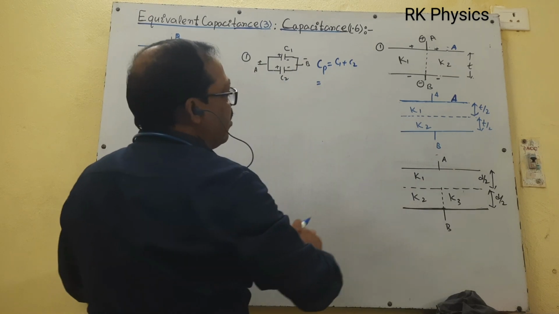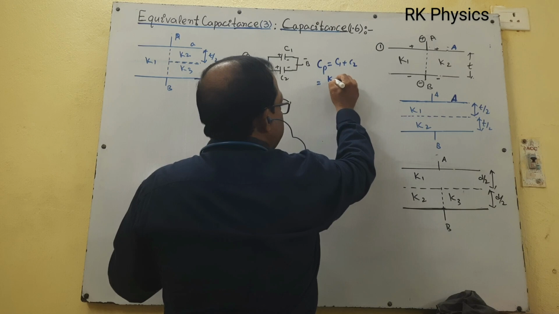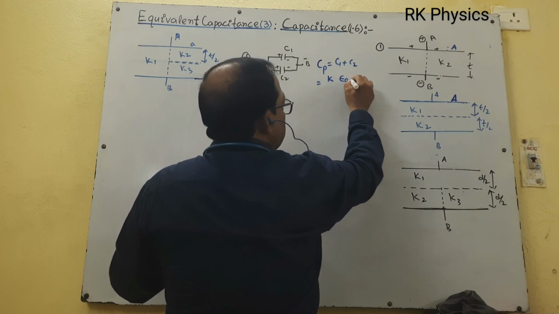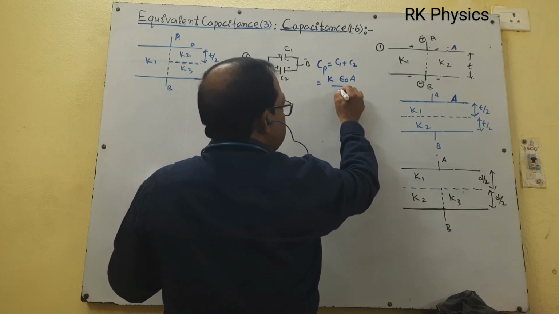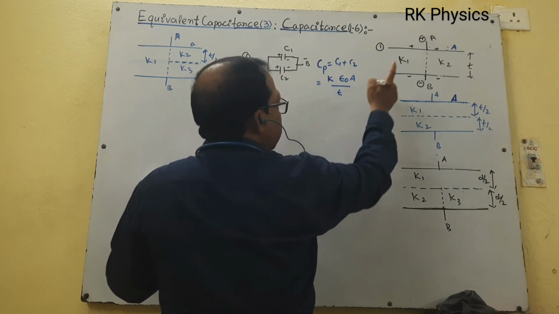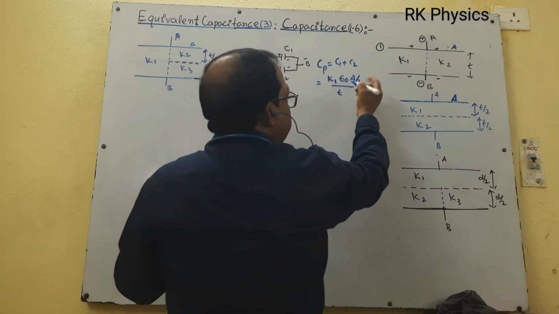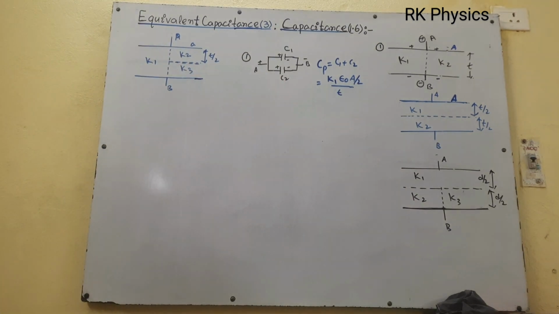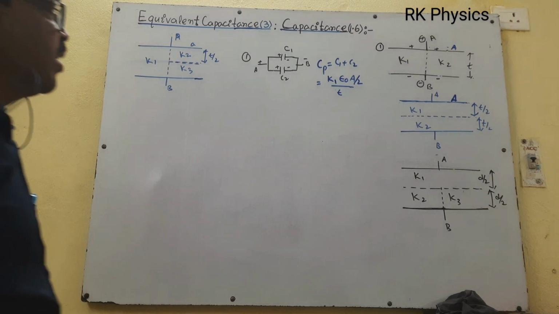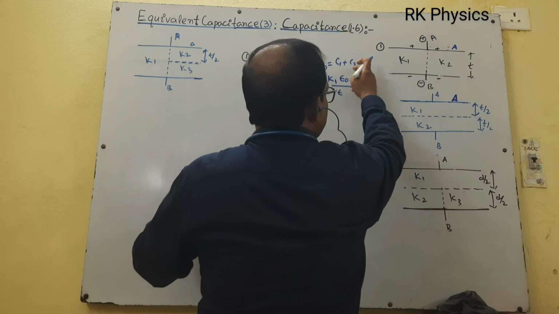Now what is C1? C1 is this half, given by the general principle K epsilon 0 A divided by d, where the thickness is t. But in this case, K is K1 and the area is a half plate. Mark, half of the area is covered with dielectric constant K1, plus another term C2.